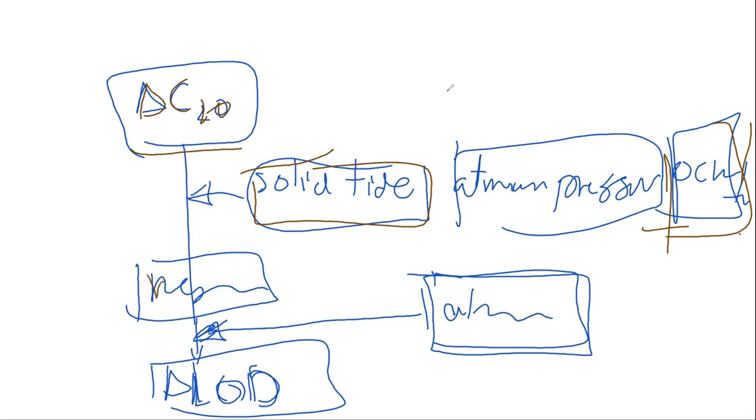Then the delta C20 is corrected for the solid tide, ocean tide, and atmosphere. And this is what you need to use for determining the variation of length of day based on the formula that I presented. But you need to consider that the variation of the trace of the tensor of inertia is zero, which is not far from reality, and with good approximation it is correct.